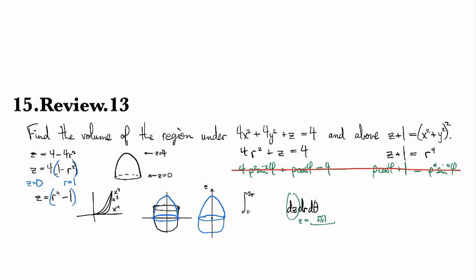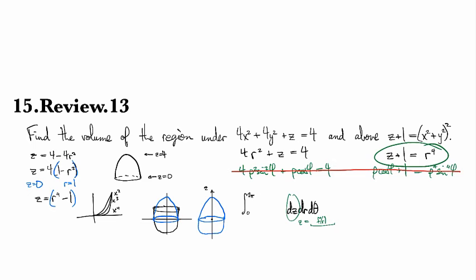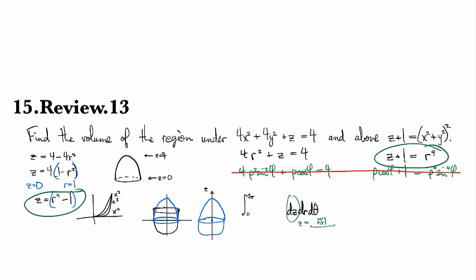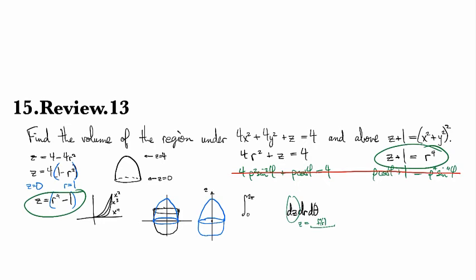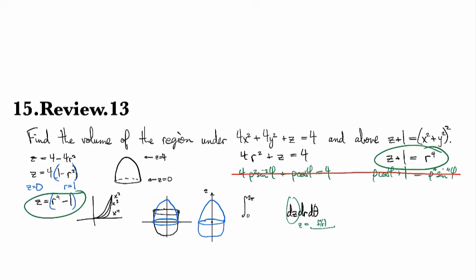I've already got that set up. If I were to do it the other way around, so if I did dr, dz, d theta, then I would have to deal with a fourth root, and that doesn't sound like as much fun to me.